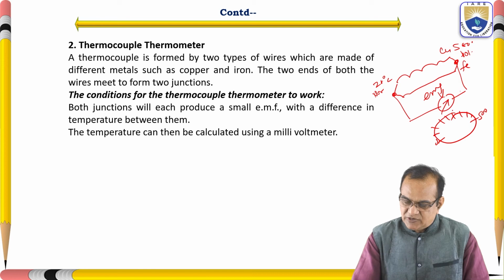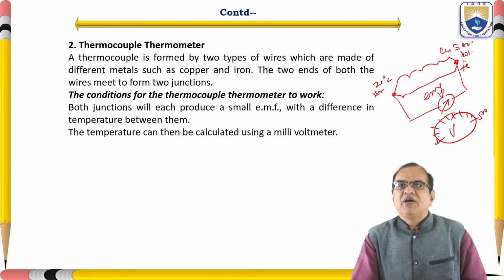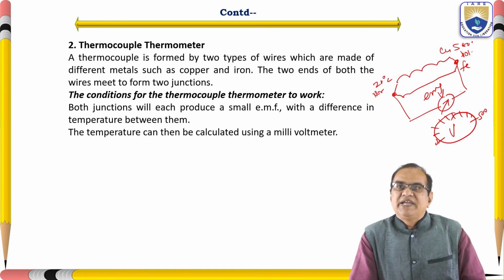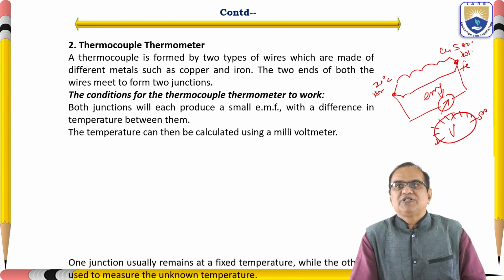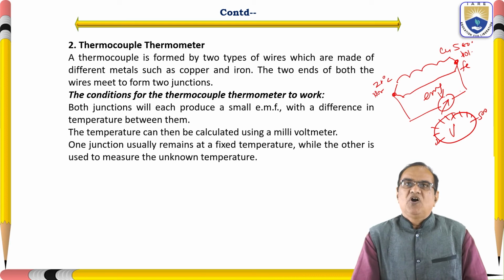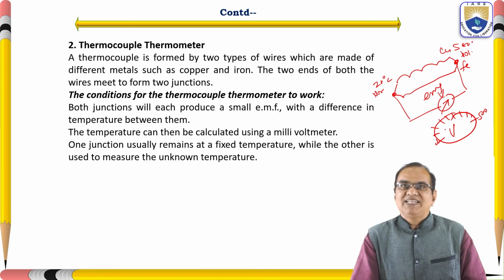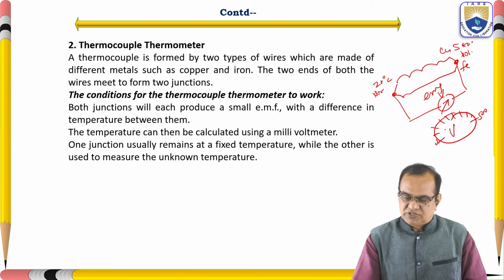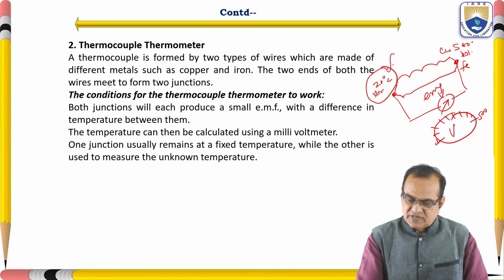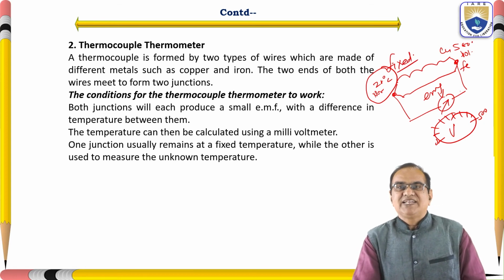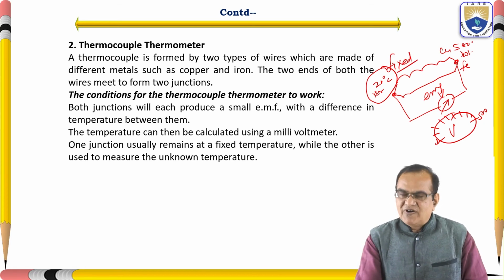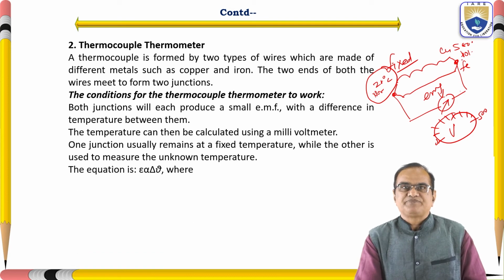I have shown you the millivoltmeter. A small amount of millivolts it will indicate, and this will be directly proportional to the temperature of the system. One junction usually remains at a fixed temperature while the other is used to measure the unknown temperature. So this is the fixed temperature at atmosphere, and the other is unknown, where we want to measure the temperature.